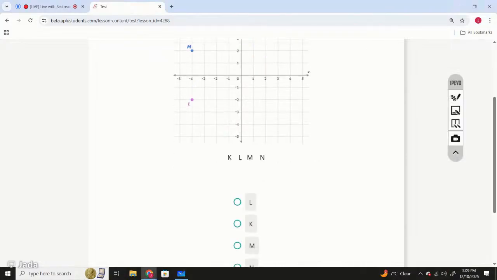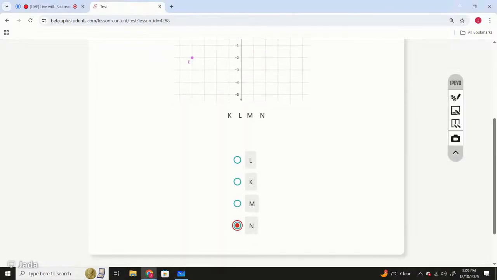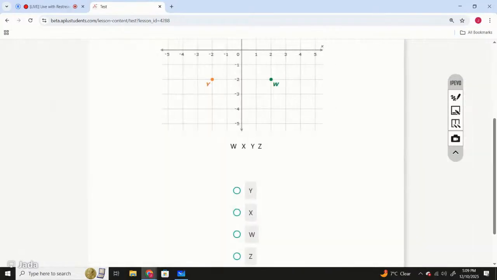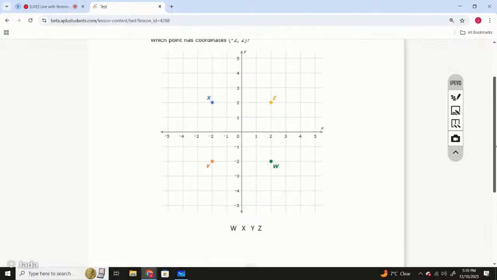The correct option is N. Which is -2 and 2?